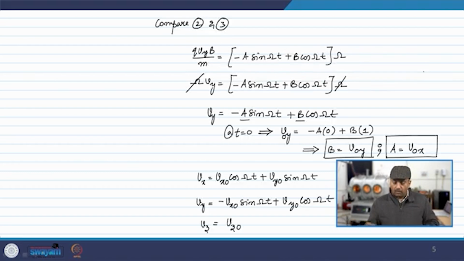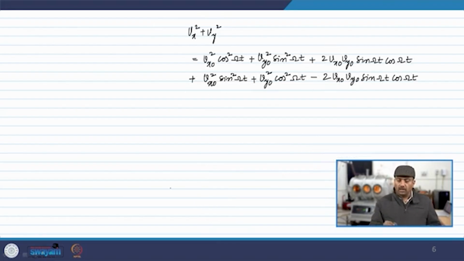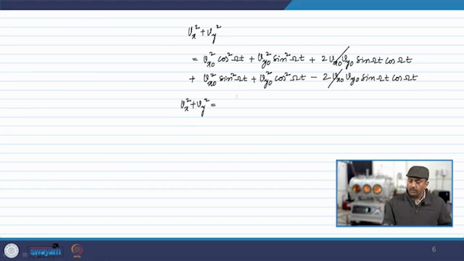You see here, go back, Vx square is Vx0 square cos square omega t plus Vy0 square sin square omega t plus 2 Vx0 Vy0 cos omega t sin omega t. And this one, since we have a minus here, we will get this minus, right. So, when we add these things, these two terms will get cancelled and sin square plus cos square omega t is 1.